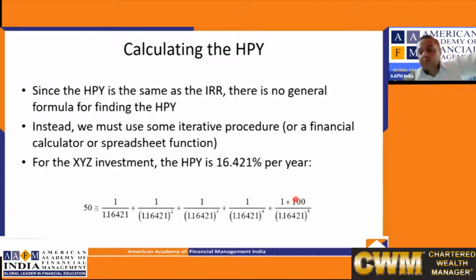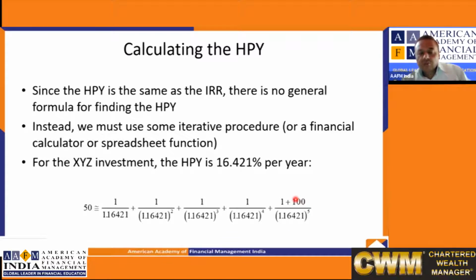IRR assumes in its internal calculation that you invested at IRR, but your actual reinvestment rate could be different than IRR. If you actually find out which rate you were able to invest at and what the return came to, that becomes MIRR, modified internal rate of return.